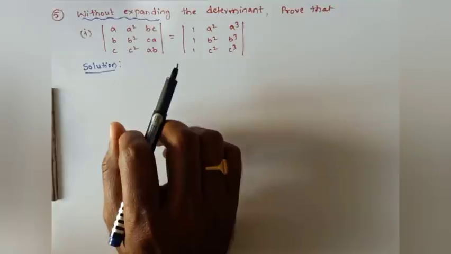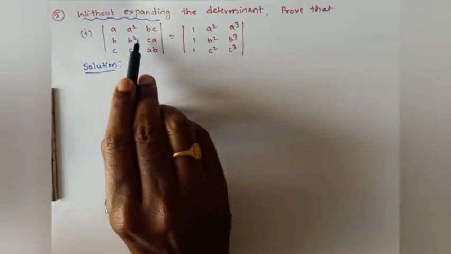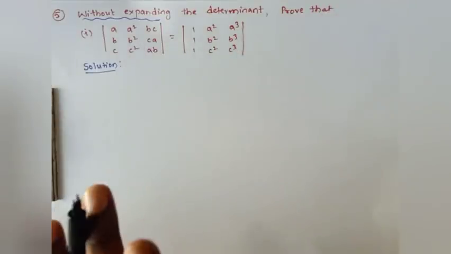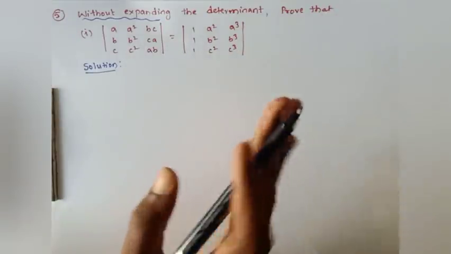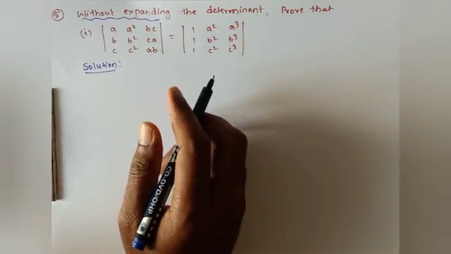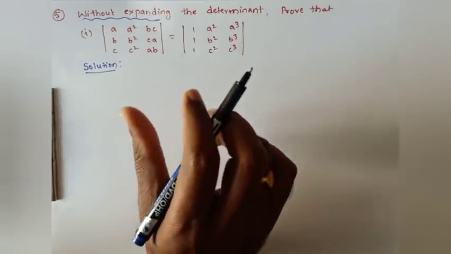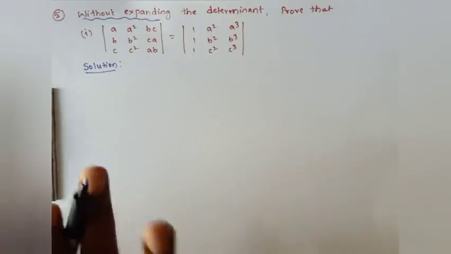You need to show left hand side is equal to right hand side only, or right hand side is equal to left hand side only. Without expanding means you can use only row operations or column operations.